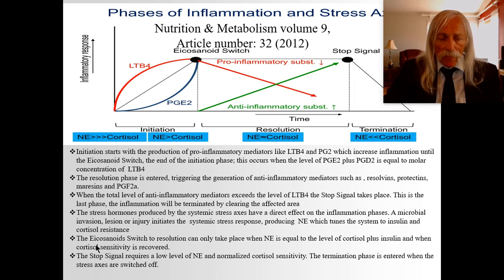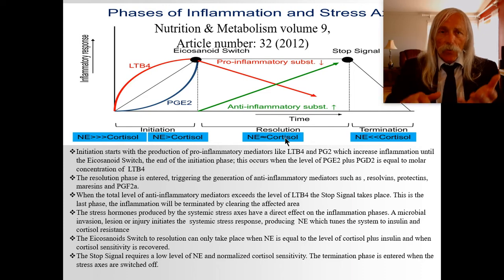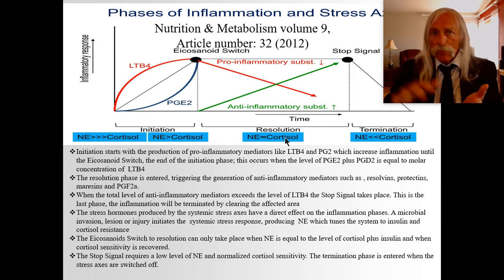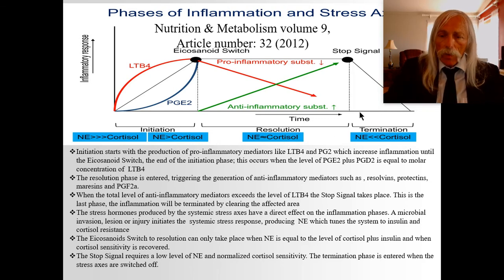we went through all of that. The icosanoid switch to resolution can only take place when norepinephrine, that's the initial stress catecholamine, is equal to the level of cortisol, you see? And that's because you're modulating the receptor downstream processing here, plus insulin, and when cortisol sensitivity is recovered, right?